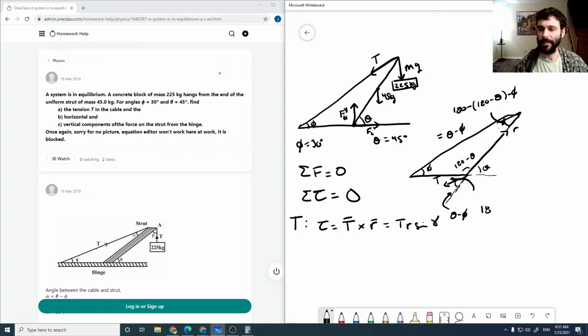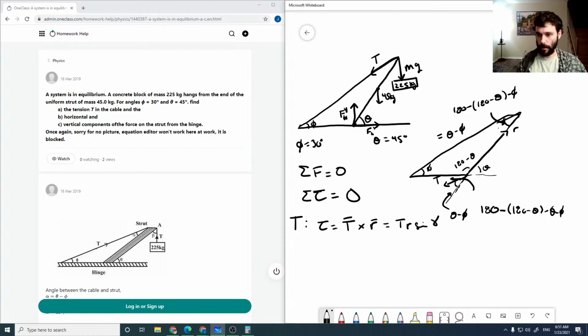So that makes that theta minus phi, and it makes that 180 minus theta minus phi, sorry.